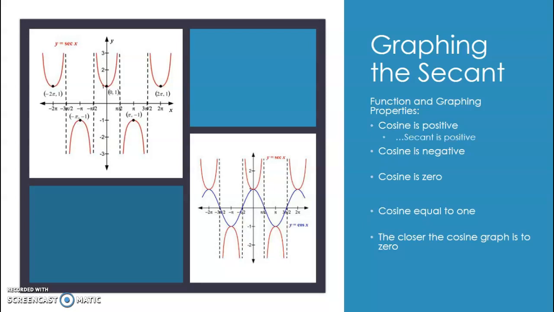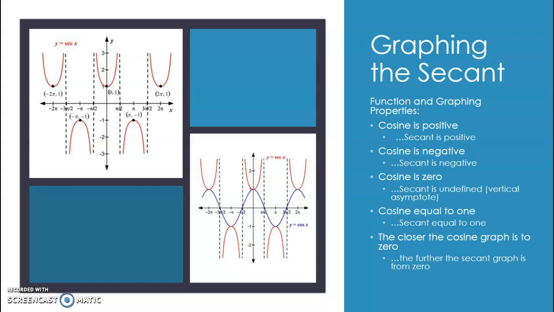And again, when cosine is positive, secant is positive. When cosine is negative, secant is negative. When cosine is 0, secant is undefined with the vertical asymptotes at those values. When cosine is equal to 1, secant is equal to 1. The closer the cosine graph is to 0, the further the secant graph is from 0.